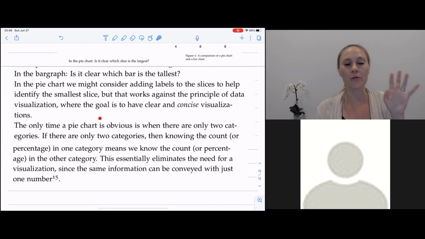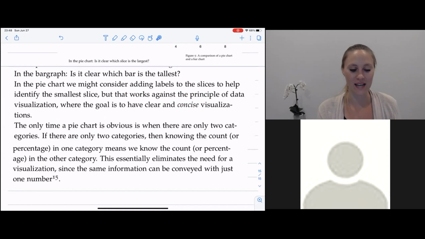But if we take a step back, we shouldn't be making pie charts with only two categories, because if I told you that 30% said yes, how many said no? Probably 70%, right? So if there are only two categories, yes and no in this case, then knowing one means you know the other.